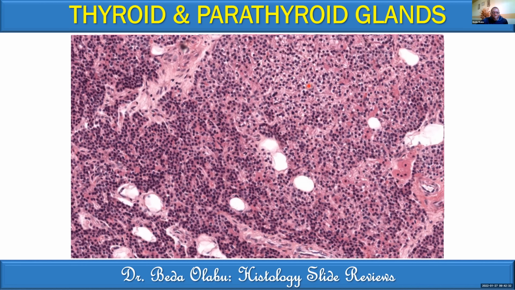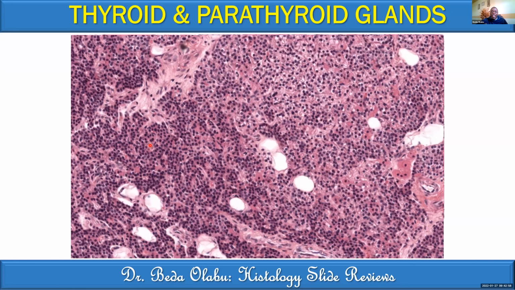The last cell type are these ones here. They also exist in cluster. So these ones, their cytoplasm is picking up stain. They're tiny cells, they're in cluster, and their cytoplasm picks up the stain. These are the ones we call the chief cells or the principal cells. These ones are the ones which produce parathyroid hormone, PTH.